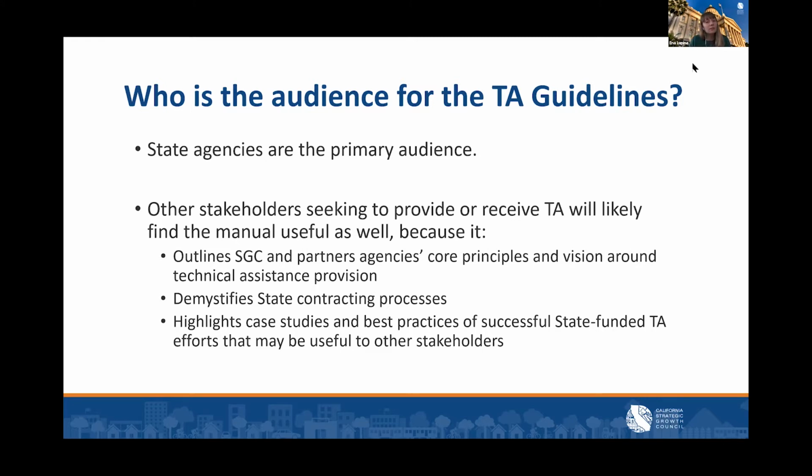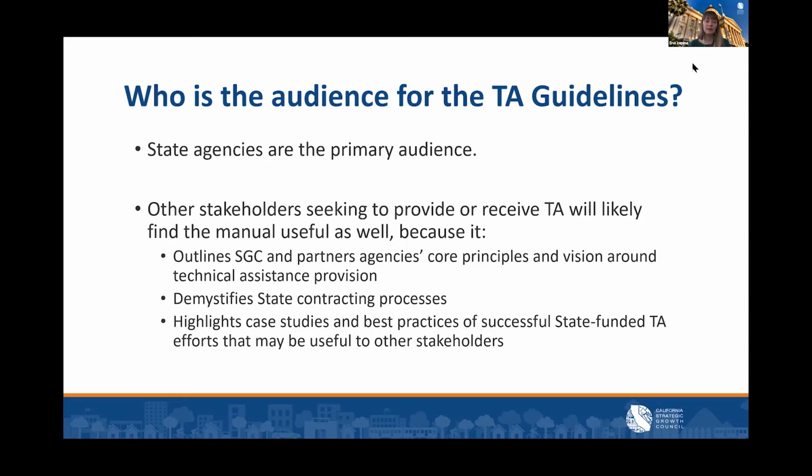So the audience for the TA guidelines is mainly state agencies, as you'll notice from the title, Technical Assistance Guidelines for State Agencies. But I think the document is also really helpful for folks who are interested in providing TA as TA providers themselves, or who are interested in receiving technical assistance and better understanding the state's processes.